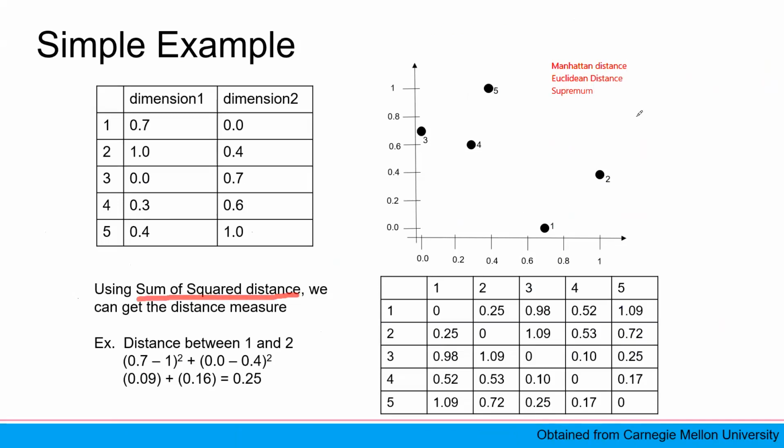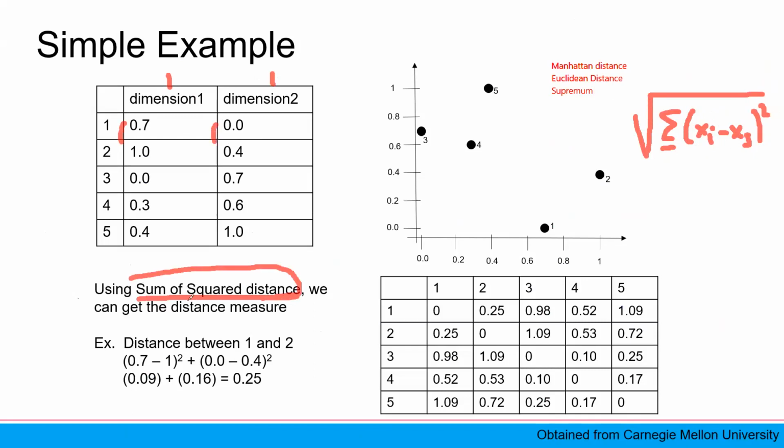If you look at the formula for the Euclidean distance, you take the square root of the sum of (xi minus xj) squared. You look at every attribute, subtract, square the difference, sum all of the values, and then take the square root.